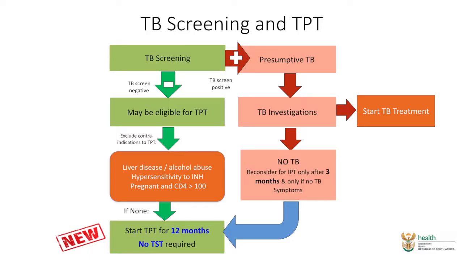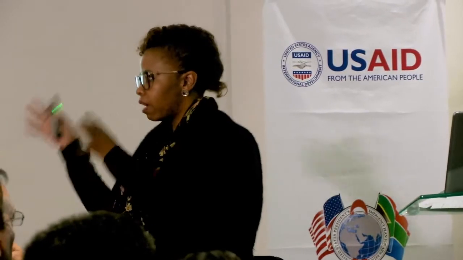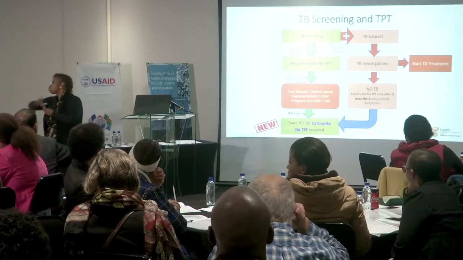If none of these are present, then the patient is started, and we have reduced the period, or rather stabilized the period to 12 months. If you remember the previous guidelines, based on the TST and your immune level, you could actually not qualify at all.